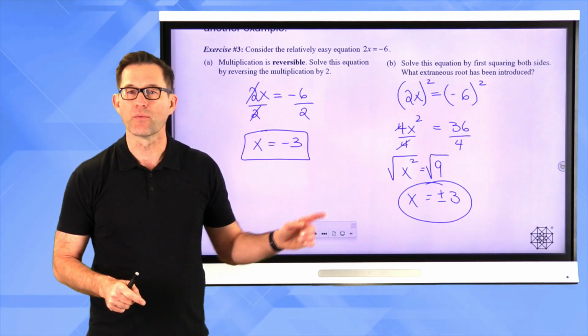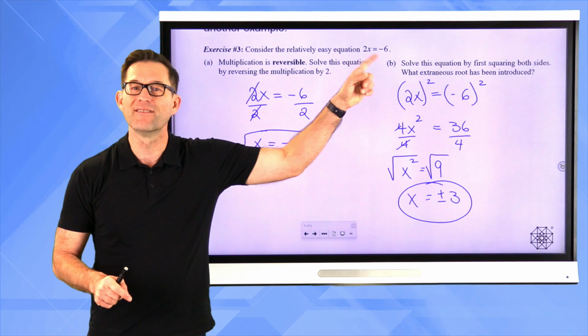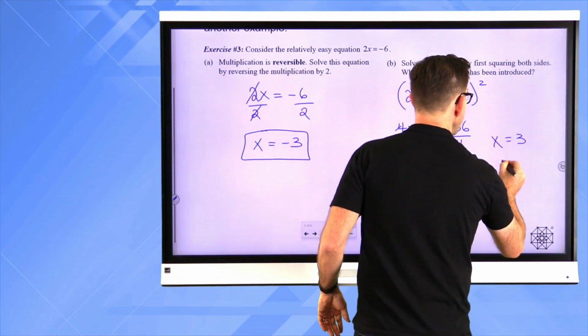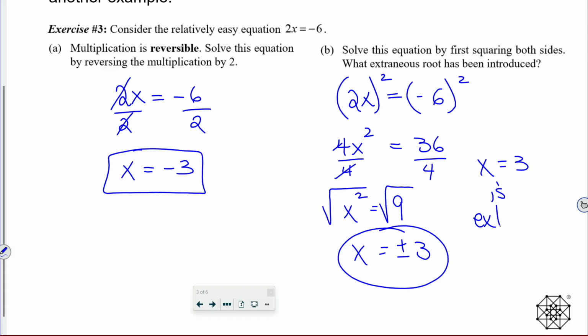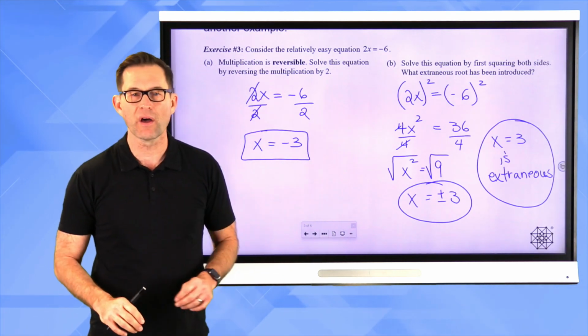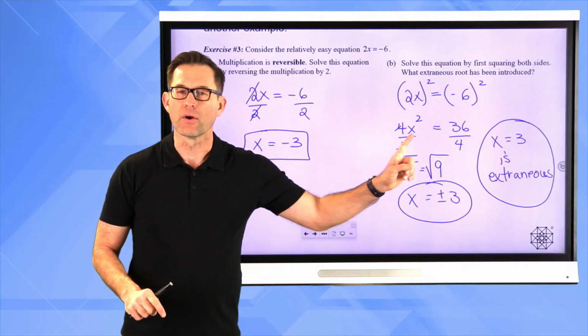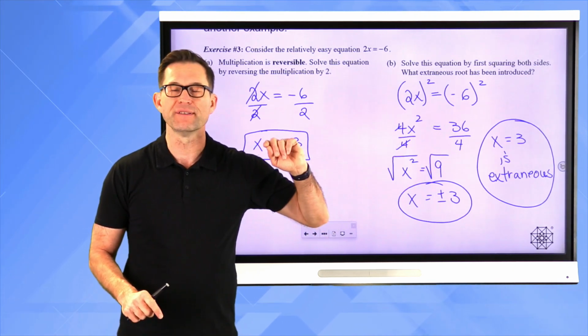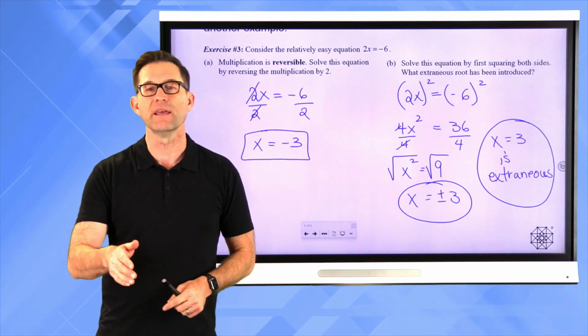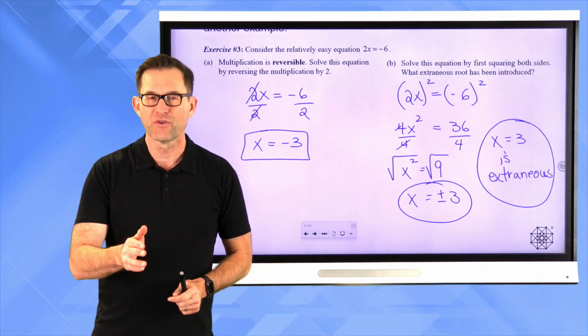Now clearly, x equals 3 doesn't solve this. X equals 3 is extraneous, right? And it's extraneous because as soon as I square both sides, when I'm here, 4x squared equals 36, I don't know whether the original equation was 2x equals -6 or 2x equals 6.